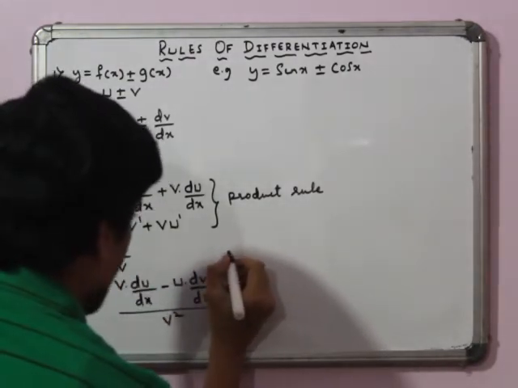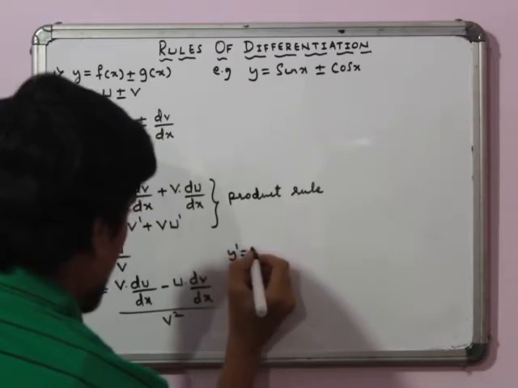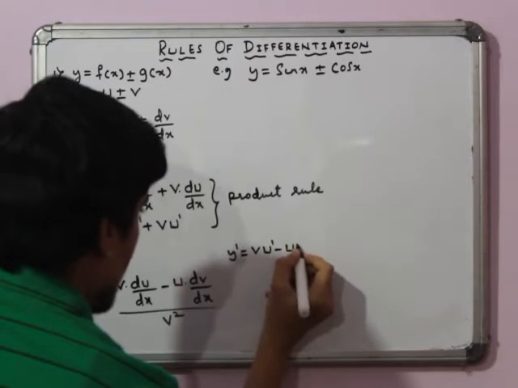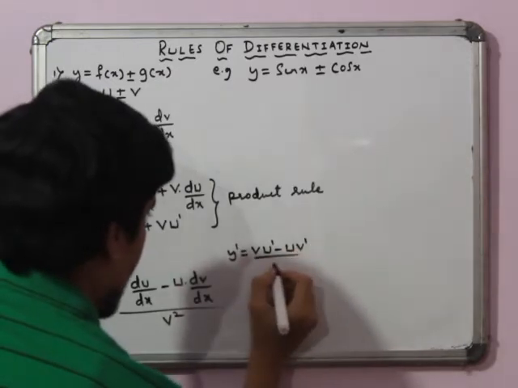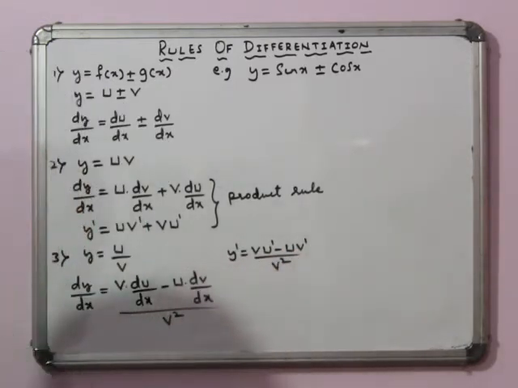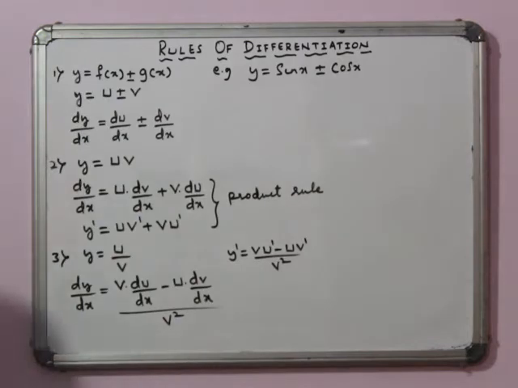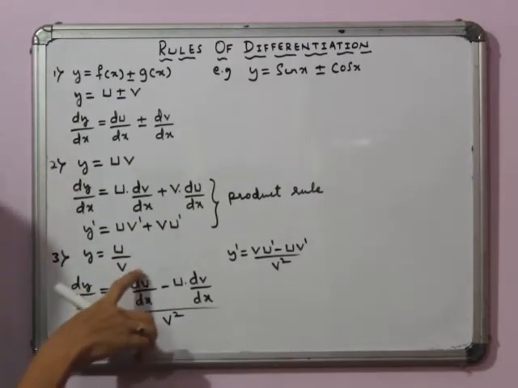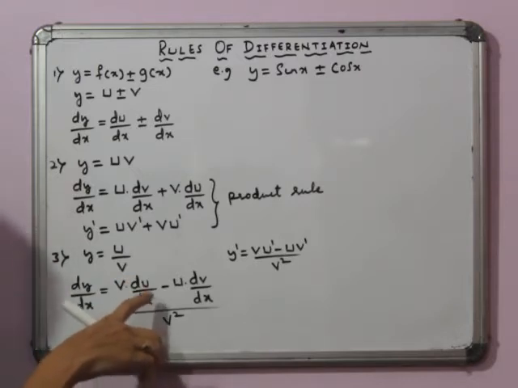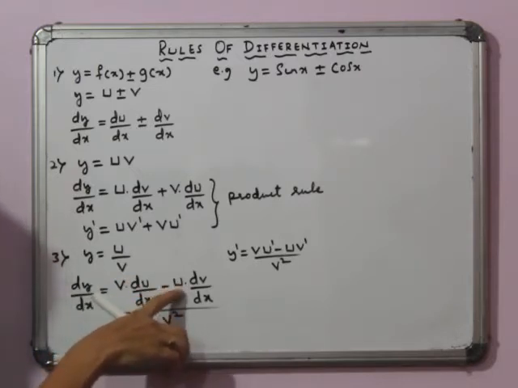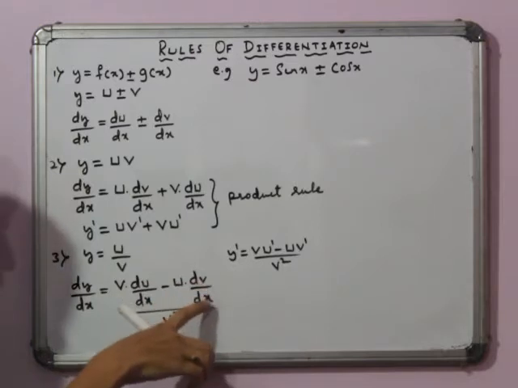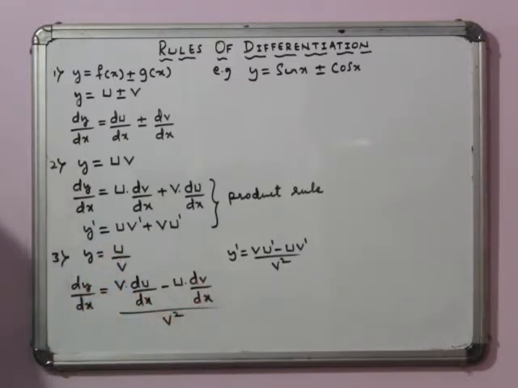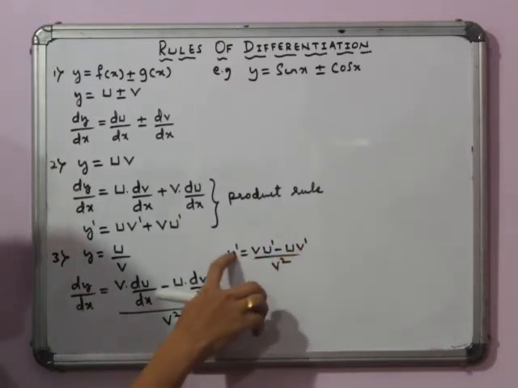So for this, y dash is equal to vu dash minus uv dash by v square. So how to read this? Second function into derivative of first function minus first function into derivative of second function divided by square of the second function. Same thing I have written here, y dash.